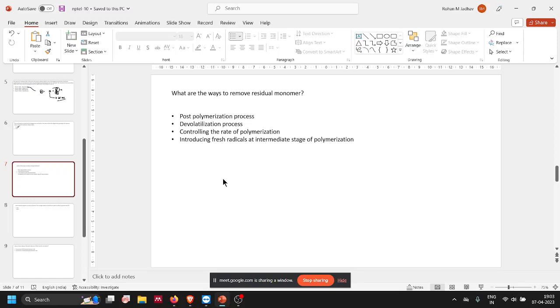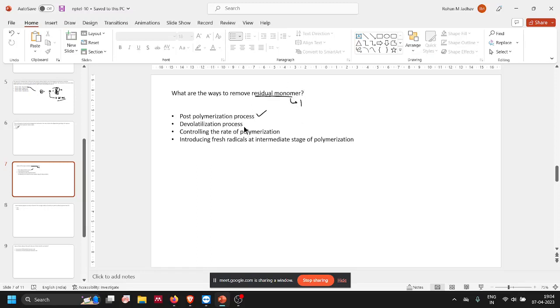That will be helpful in converting all the unconverted, residual monomers. An example is that water-soluble redox systems are preferred because high radical flux can be achieved there at the end of the main polymerization process by introduction of fresh radicals. So we are not removing them, we are basically converting the residual monomers to new polymer by addition of fresh radicals.